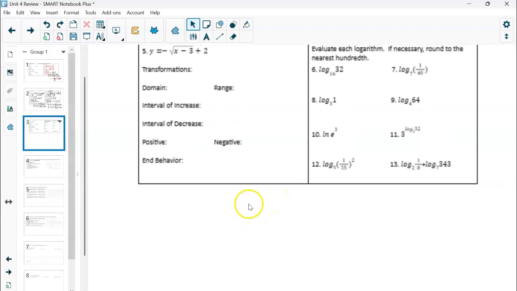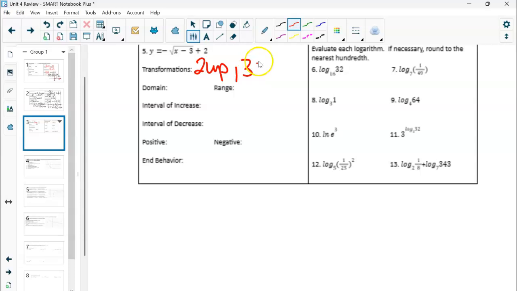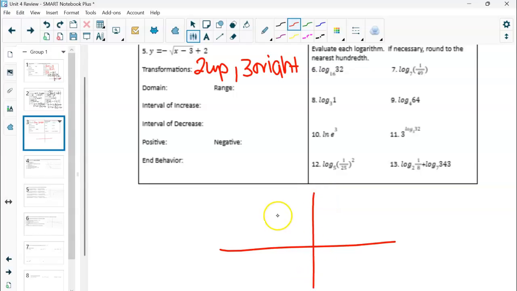All right. So first of all, transformations. 2 on the outside means 2 up shift. -3 on the inside means the opposite, 3 right. Okay. So we have (3, 2).